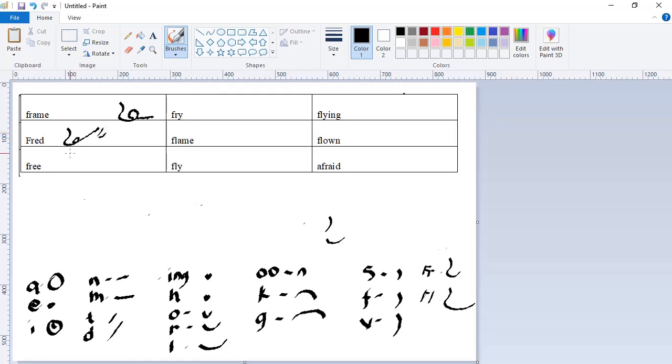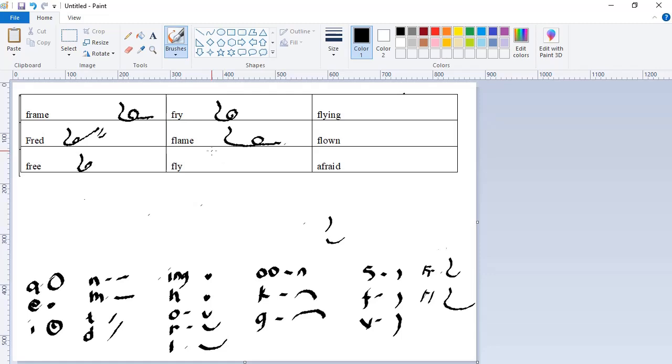And then free, we have F-R-E. Free. Fry, we have F-R-I. Fry. And then we have frame. Flame pala, flame. F-L-A-M. Flame.